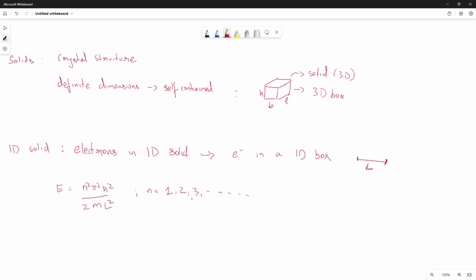Now, E is of this form, and n can take the values 1, 2, 3, and so on. Now tell me this. If I give you an energy value E naught, how will you find the value of n corresponding to E naught?